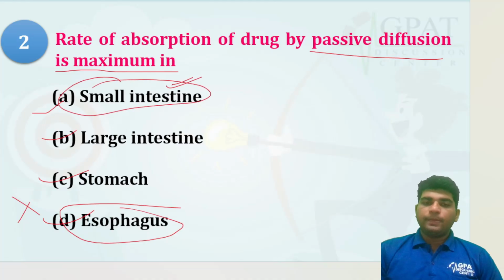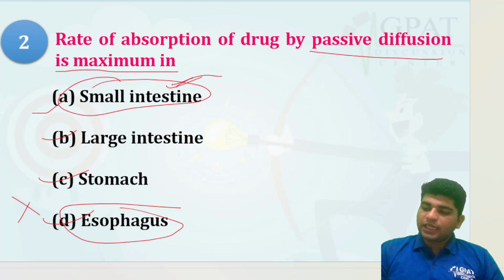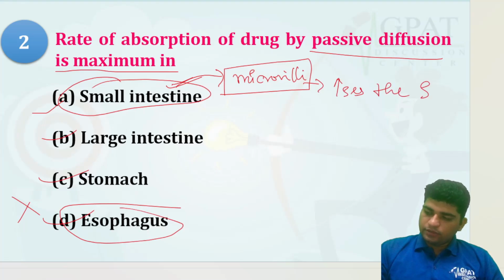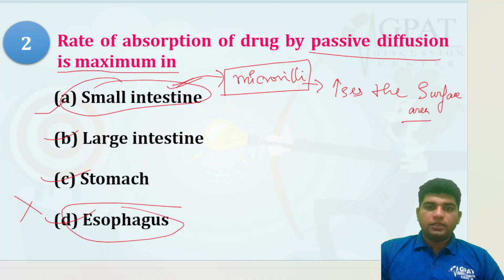The small intestine has the highest rate of absorption of drug by passive diffusion because the small intestine presents microvilli. These microvilli increase the surface area. Right? So it will increase the passive diffusion, that is, the rate of absorption.